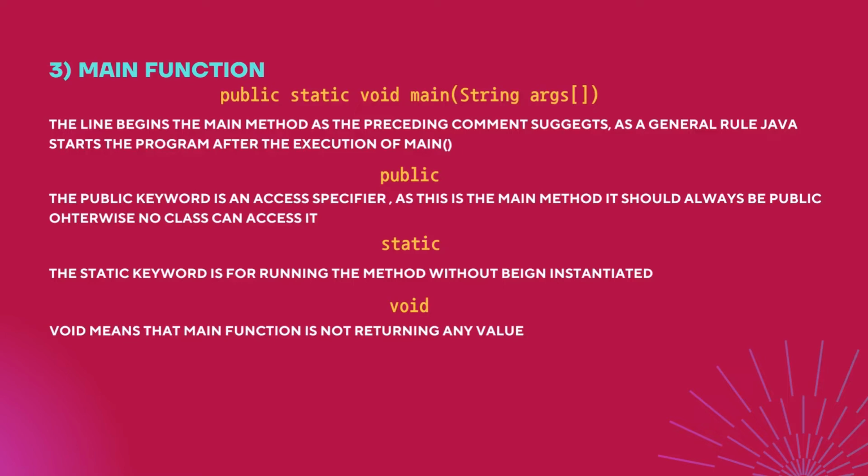Then comes the next keyword, that is static. The static keyword allows main to be called without having to instantiate a particular instance of the class. This is necessary since main is called by the Java virtual machine before any objects are made.